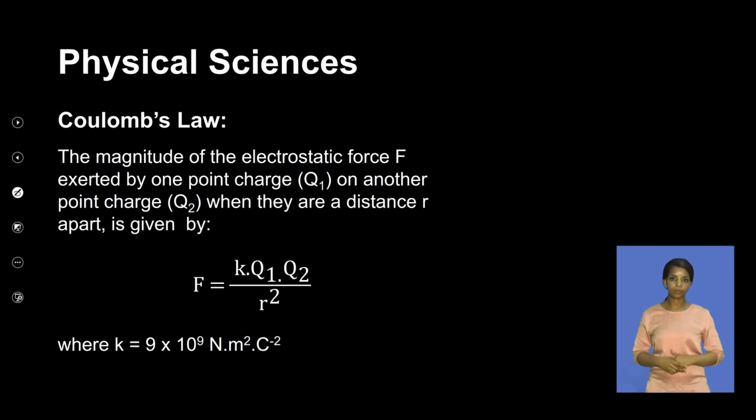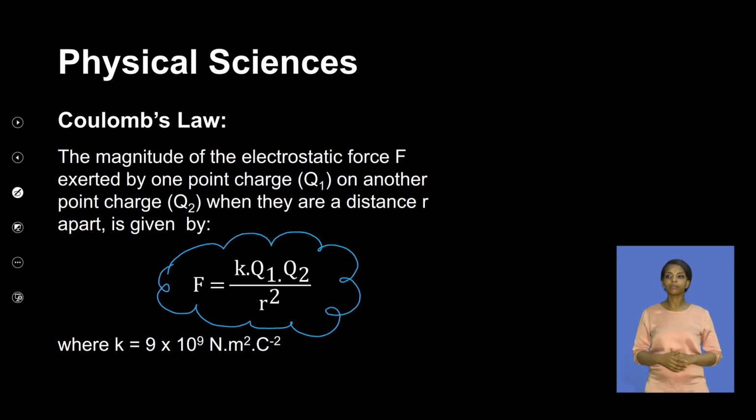Now let's look at the data sheet. This is what is going to be given to you as the formula sheet. Mathematically, you can see the product of the charges and the square of the distance.